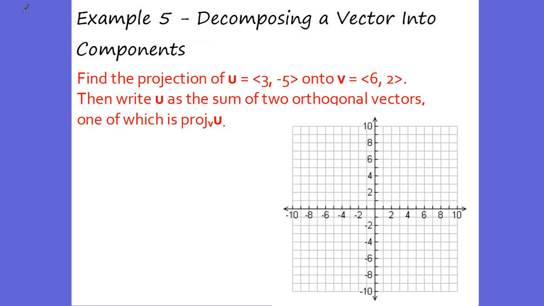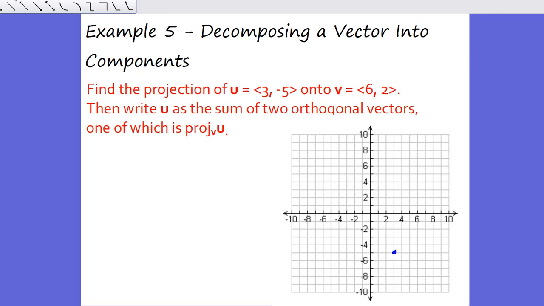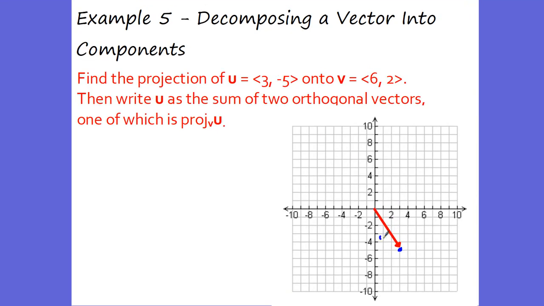Let me give you an example of this. So we have our 2 vectors here. We have vector u, which is 3, negative 5. So 3, negative 5 is right here, and I'm going to draw that vector. That's vector u. And we have vector v, which is 6, 2, right here.